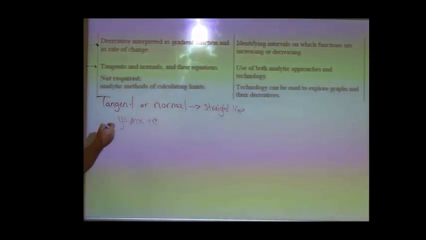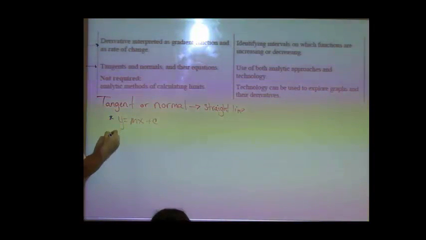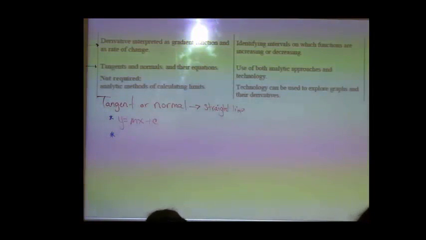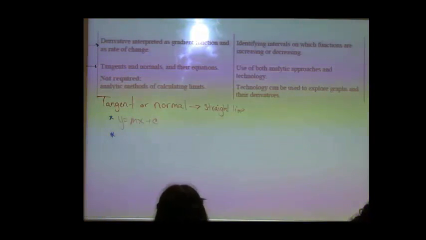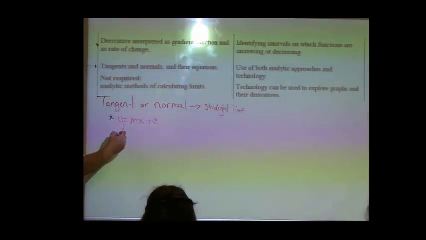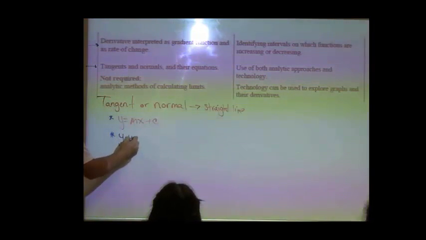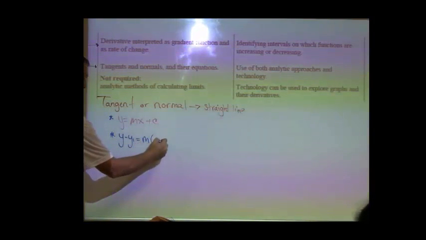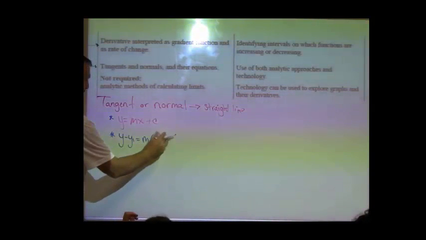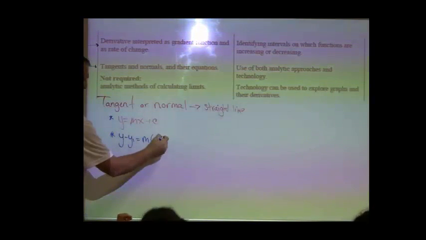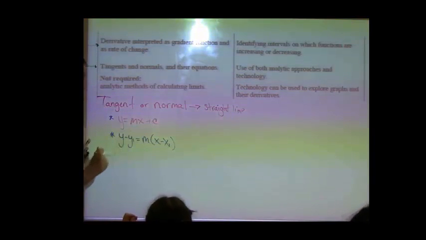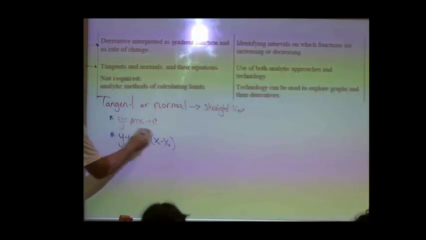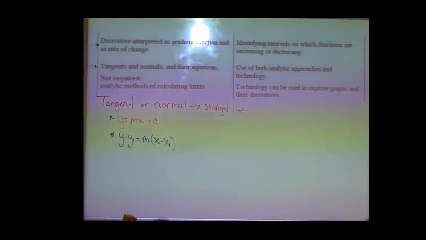There's, I think this is totally acceptable and less work form, which is y minus y1 equals m times x minus x1.